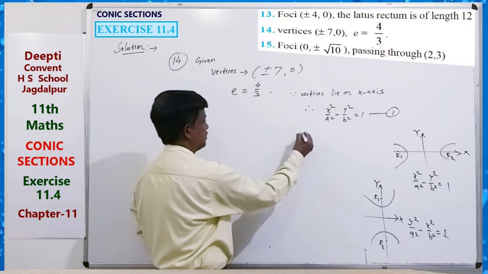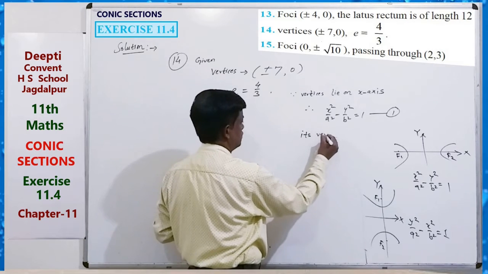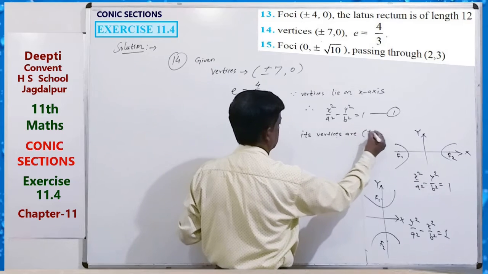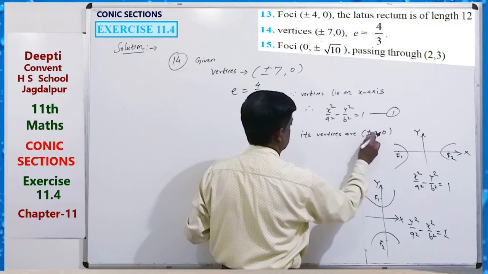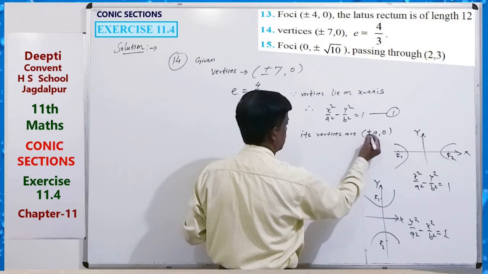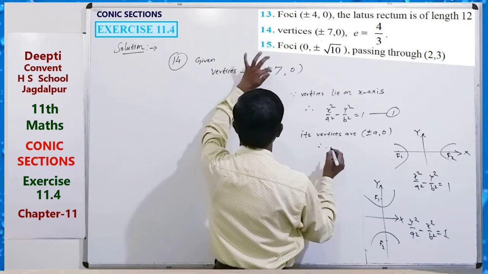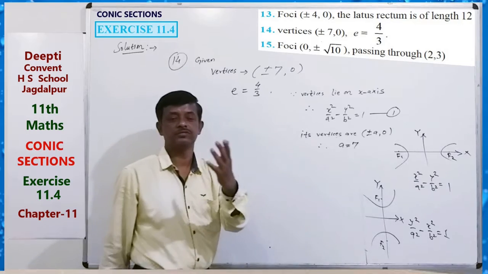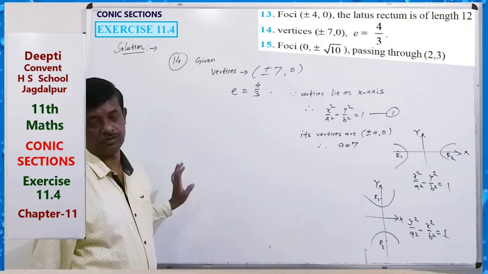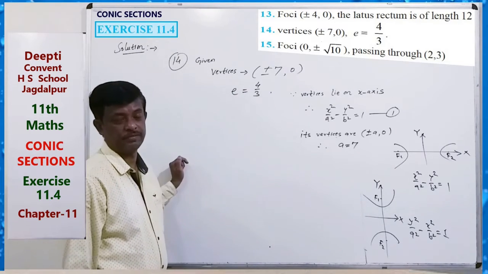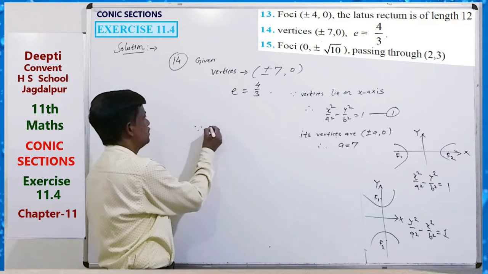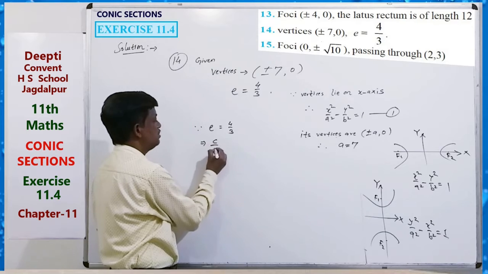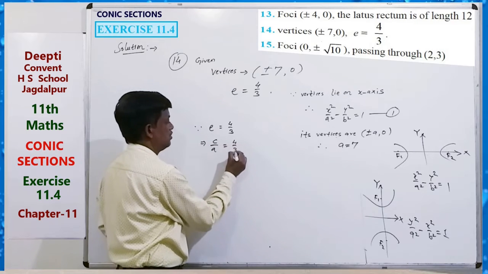Its vertices are plus minus a, 0. Therefore a equals to 7. Second, e equals to 4 by 3. Since e equals to 4 by 3, and we know that e means c by a equals to 4 by 3.